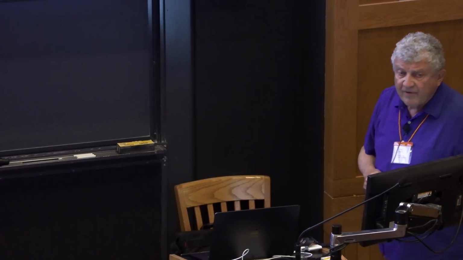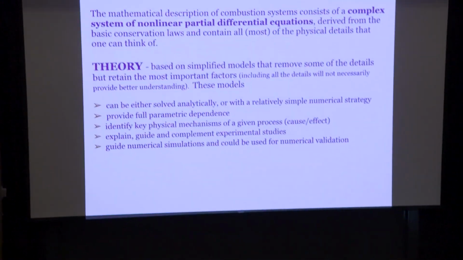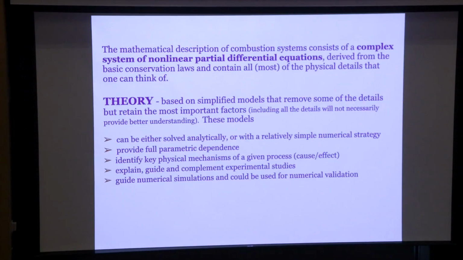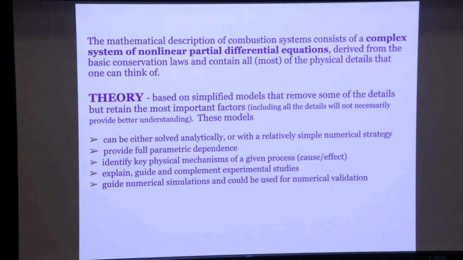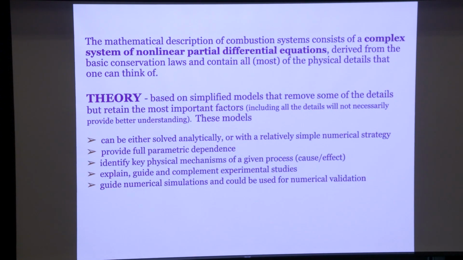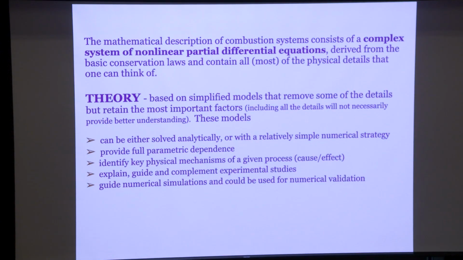That's the advantage, but the aim is to provide some parametric dependence on the various parameters in the problem, to identify some of the key physical mechanisms of a given process, sometimes to explain some experimental observation or even to guide the experimental work, and also to provide guidance to numerical simulation.